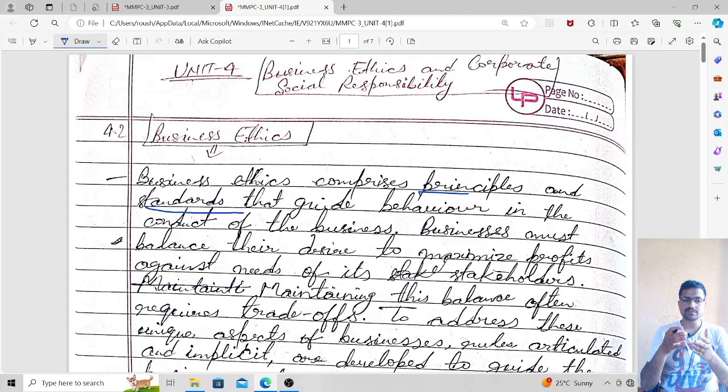So all businesses must balance their desire to maximize profit against the needs of its stakeholders. Maintaining this balance often requires trade-offs. It means there should be a balance between maximizing profit and the needs of its stakeholders. So business ethics guides the conduct of the business.